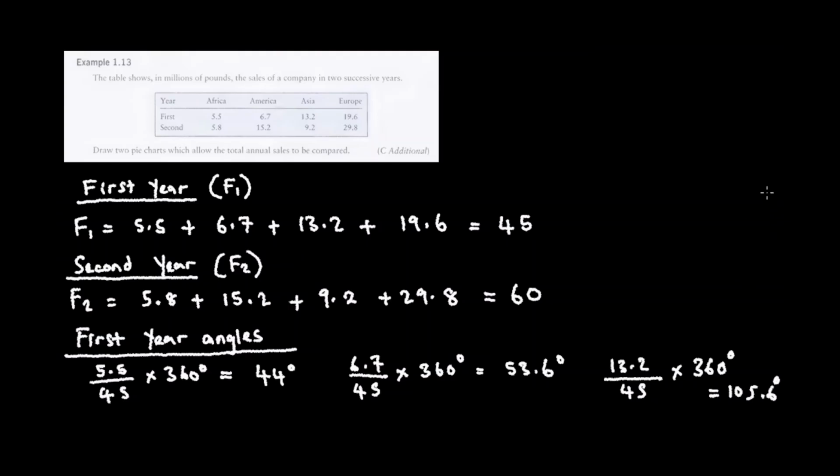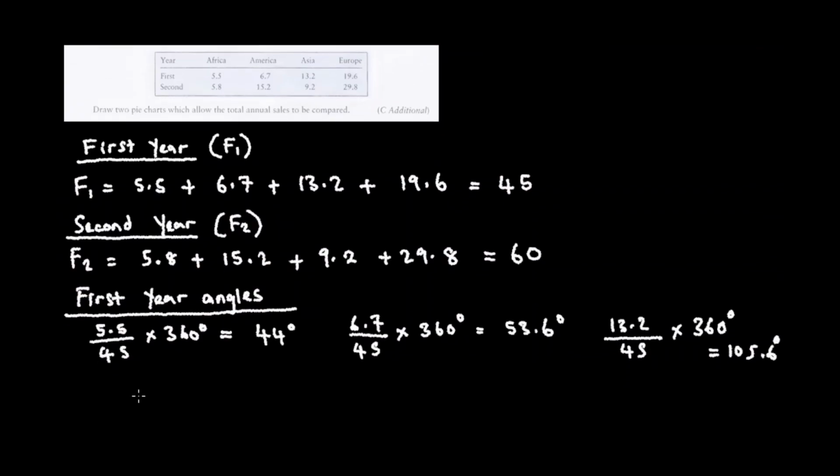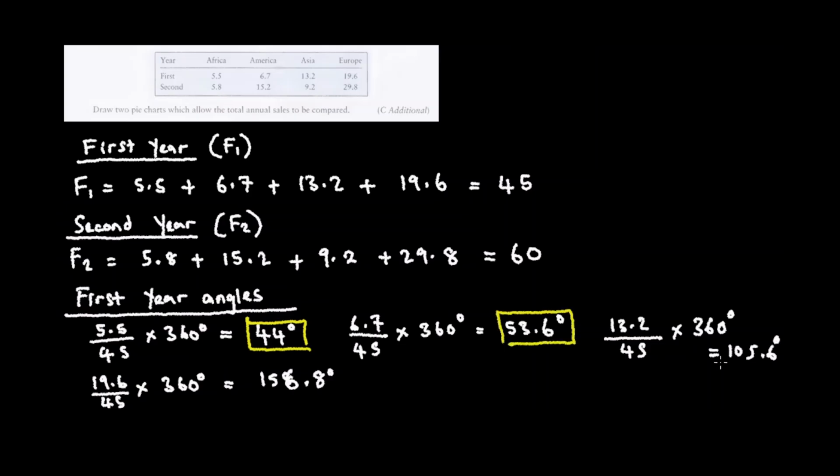And lastly 19.6 over the total, multiplied by 360 degrees, and this is going to give us 156.8. So we have these numbers: 44 degrees, 53.6 degrees, 105.6 degrees, and 156.8 degrees. The total is going to be a complete revolution, 360 degrees.